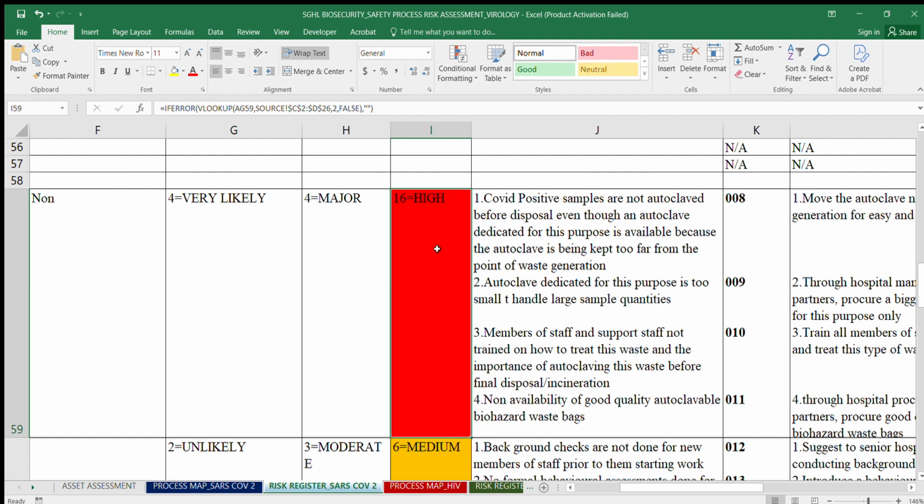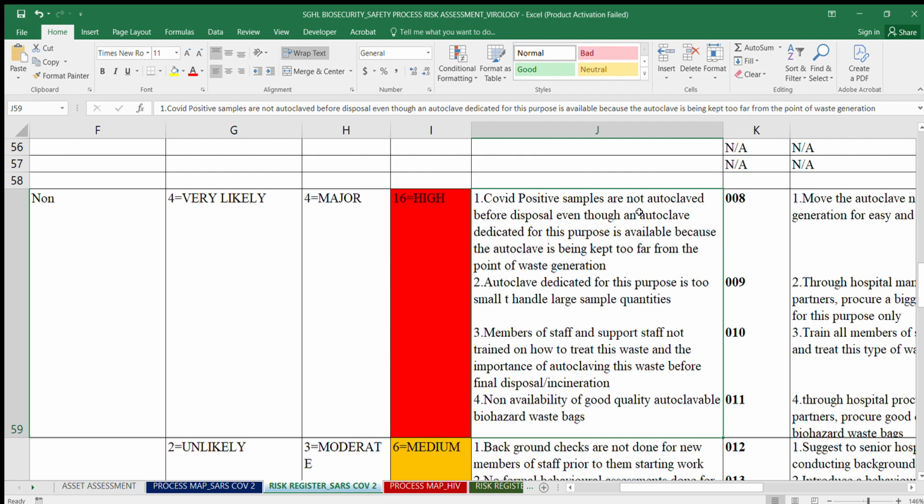You need to find some control measures so that you either reduce or eliminate this risk. And for your high risks, mostly, you may require more than one mitigation, as seen from this particular example.